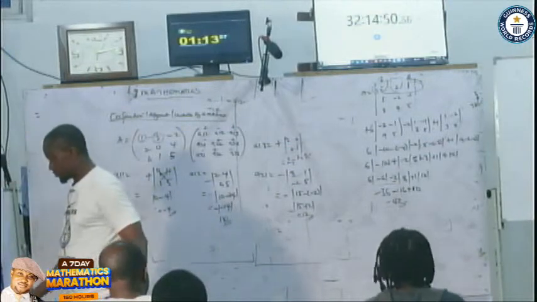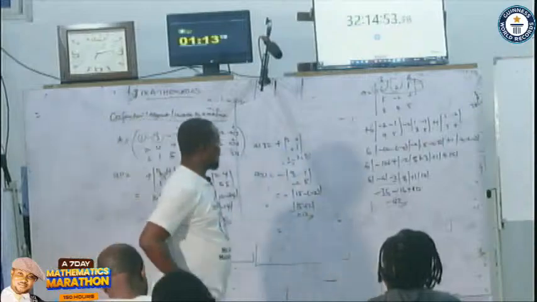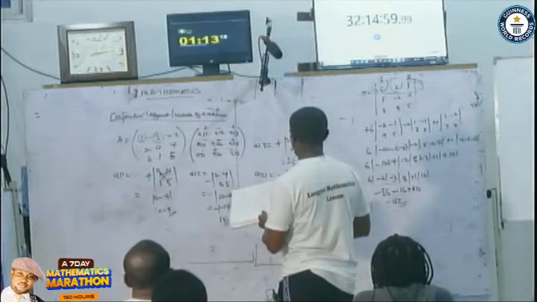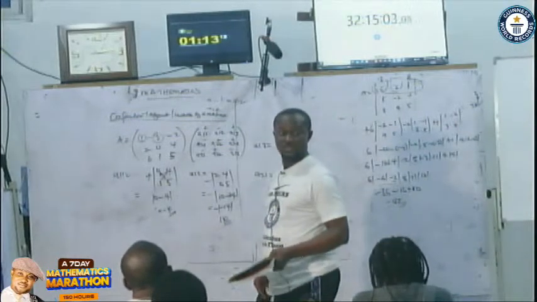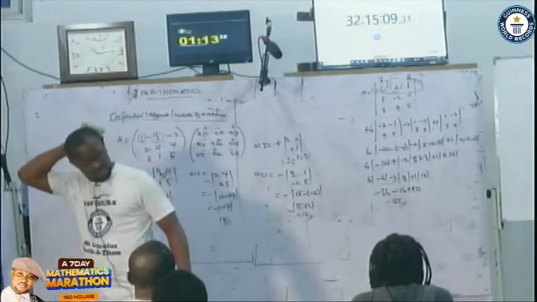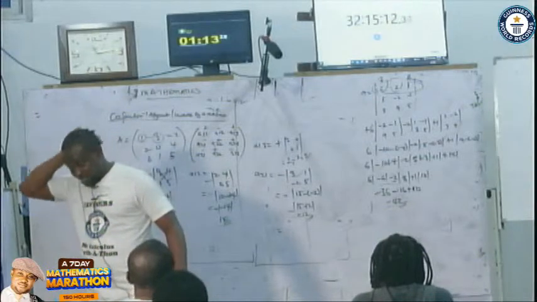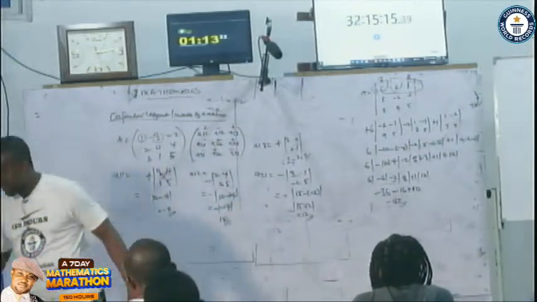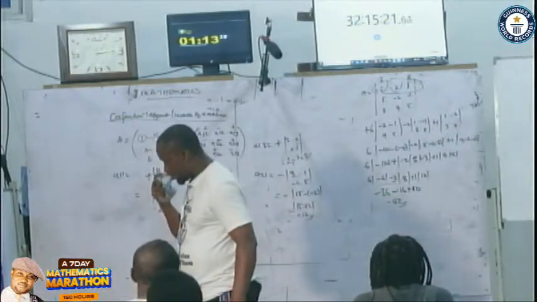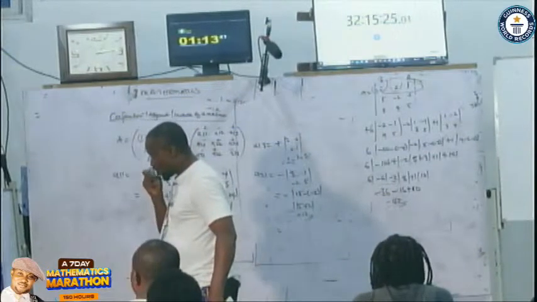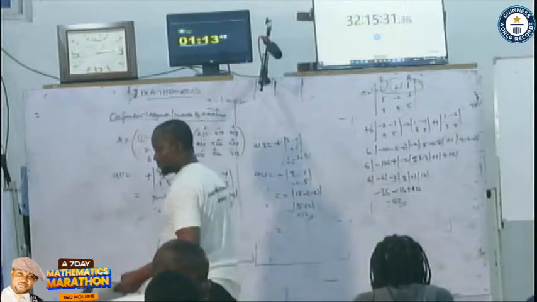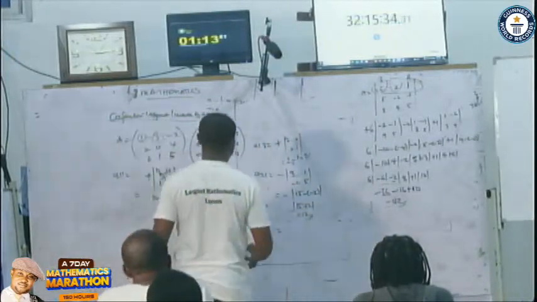So let's get the value of A. We've gotten A21, A22, A23.